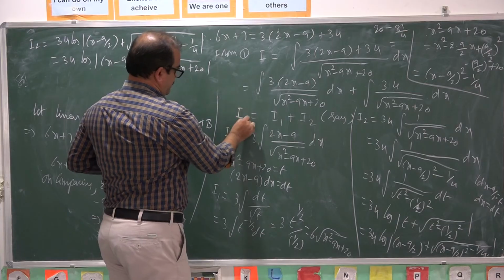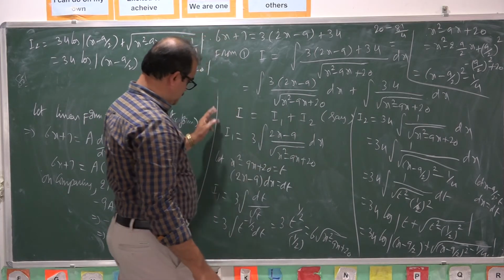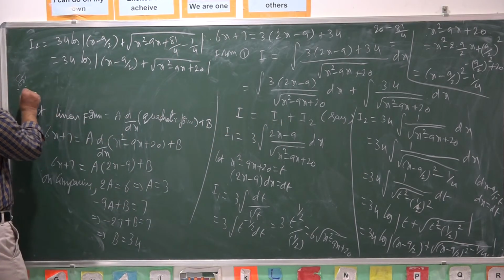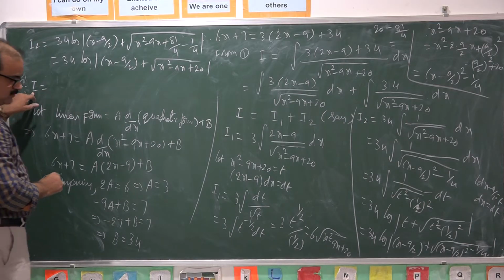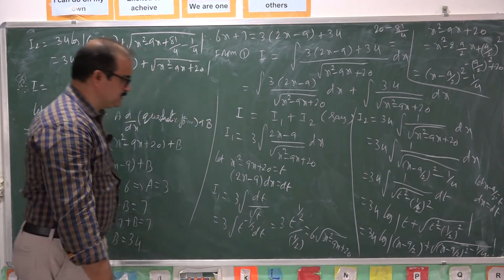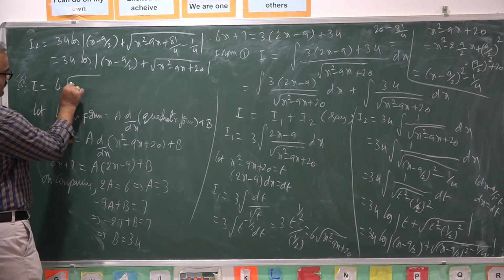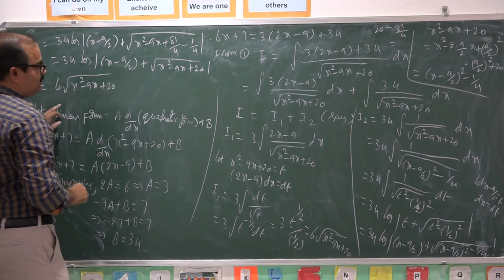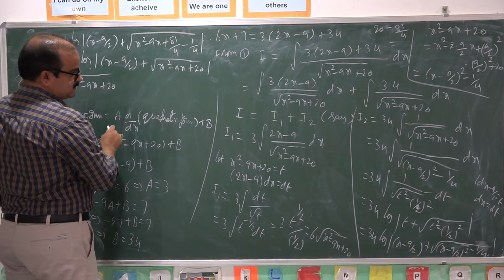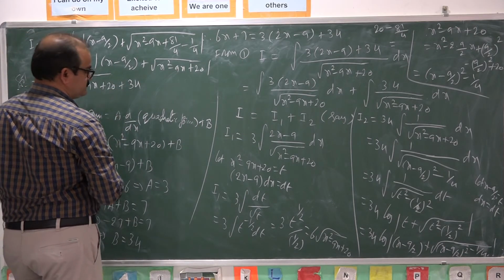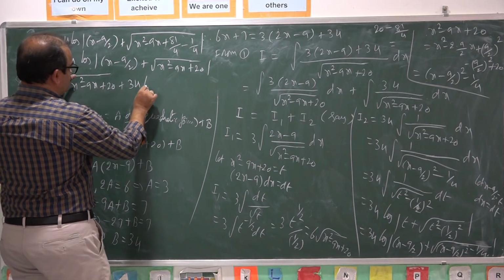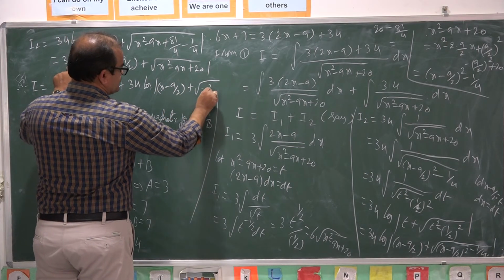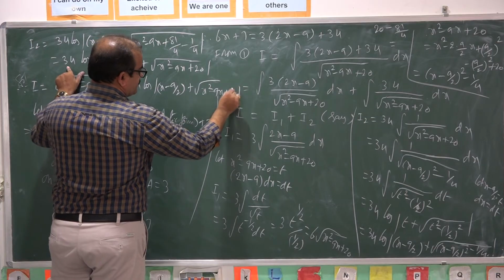Now here I is equal to I1 plus I2. Substitute the I1 value and the I2 value and write I. Therefore I is equal to I1 value, which is 6 into root of x square minus 9x plus 20, plus I2, which is 34 into log of x minus 9 by 2 plus root of x square minus 9x plus 20, plus c.